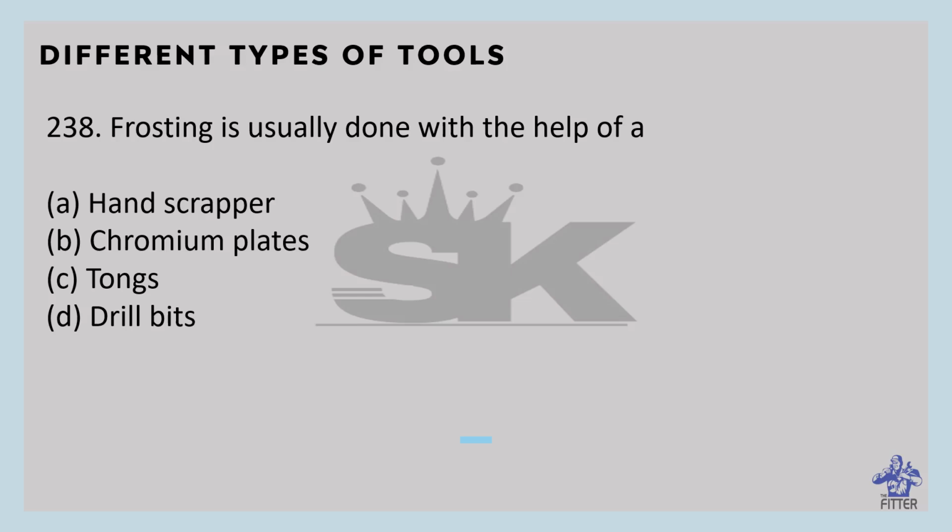Frosting is usually done with the help of a hand scraper. Frosting is a process in which a scraped metal surface is decorated with the use of a hand scraper.